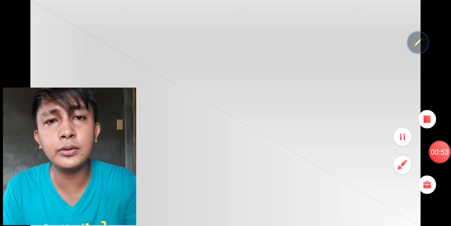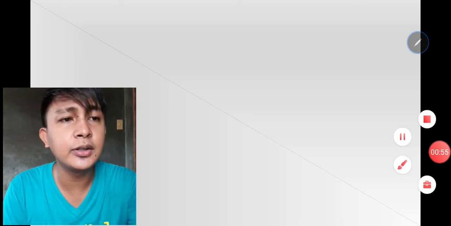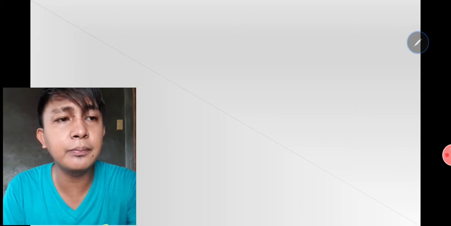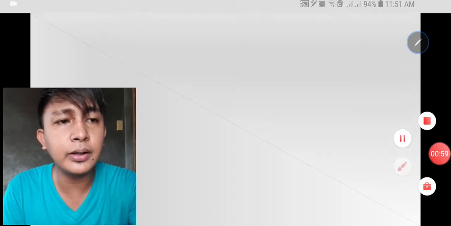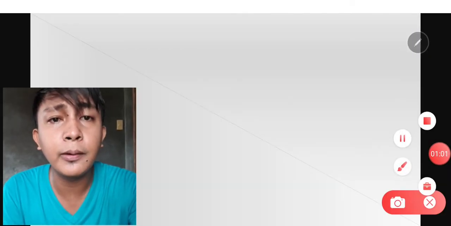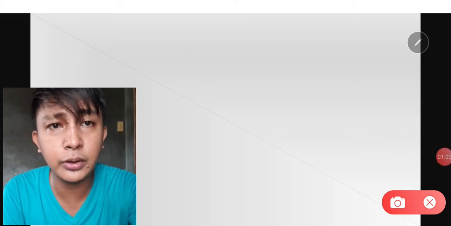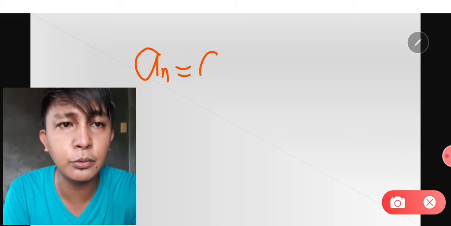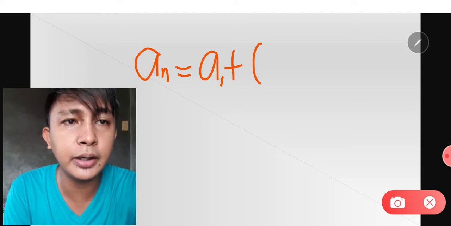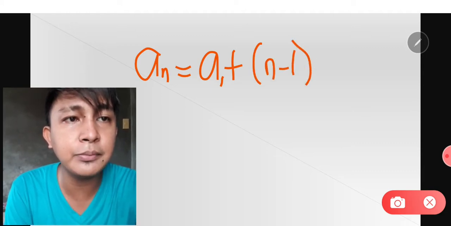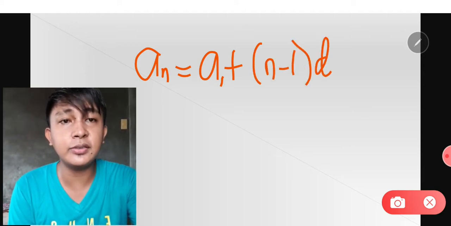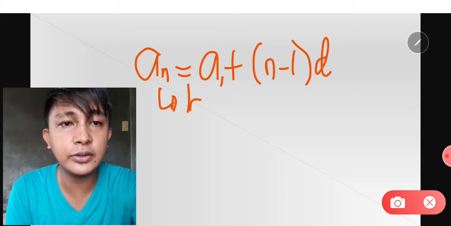So bago natin umpisahan ang ating lesson, we should have a brief recall on finding the formula for the nth term. So we have the formula a sub n is equal to a sub 1 plus n minus 1 times d. A sub n is our last term.